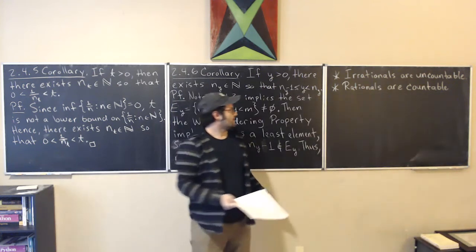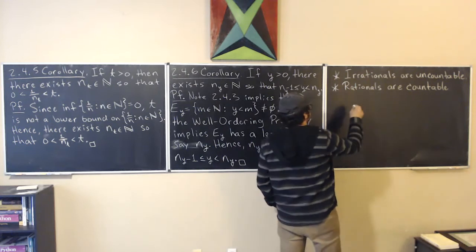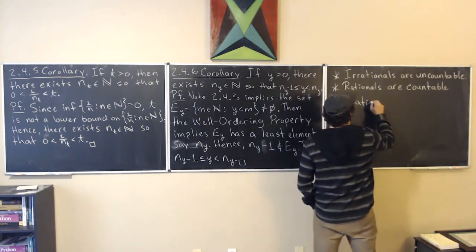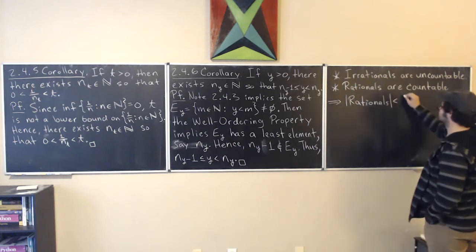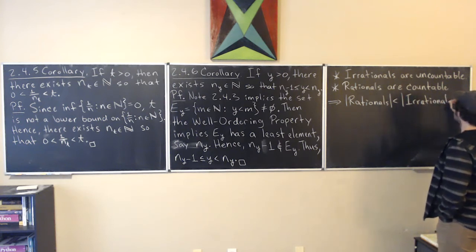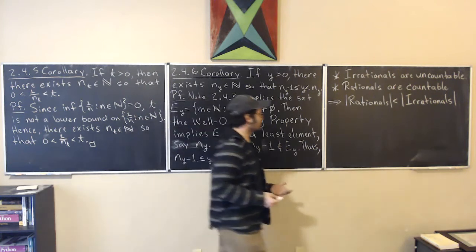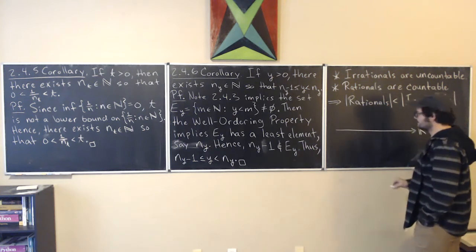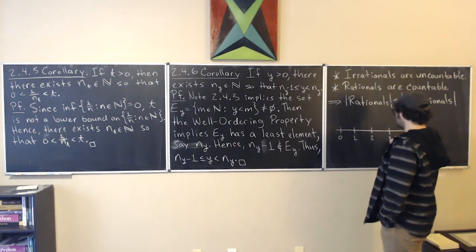So what does this mean in terms of the number of these elements? What this is saying is that the cardinality of the rationals is strictly less than the cardinality of the irrationals. But if you look at a real number line, of course, we have the whole numbers, and so forth and so on.